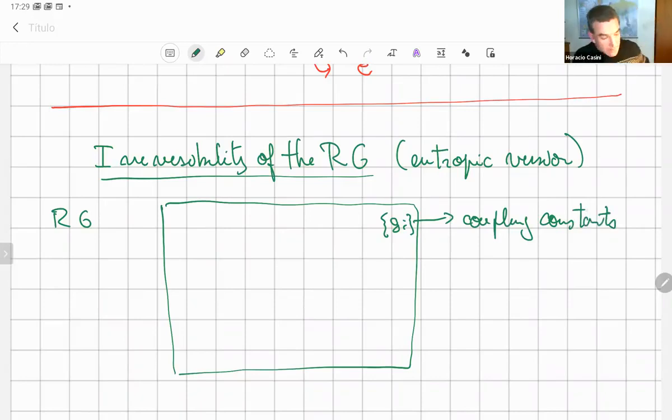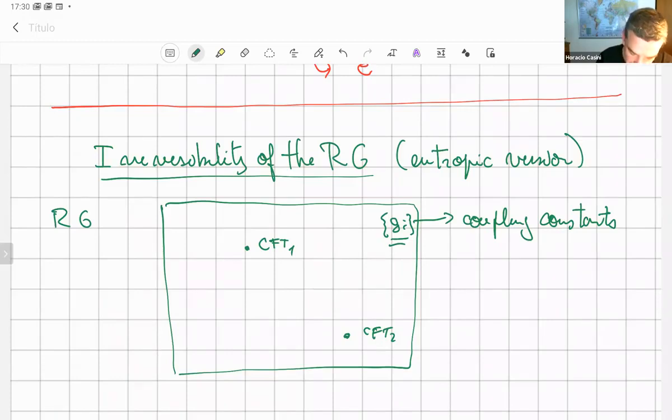And then at some points of this space, you will have some CFTs. Let me call it CFT1, CFT2. And then the renormalization group describes a flow in the space of coupling constants as you move in size, in energy.